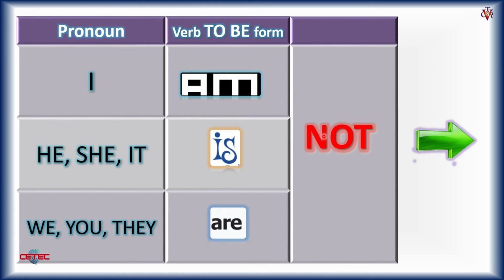I am not, he is not, she is not, it is not, we are not, you are not, they are not. Don't forget, like here, it's in a negative sentence.